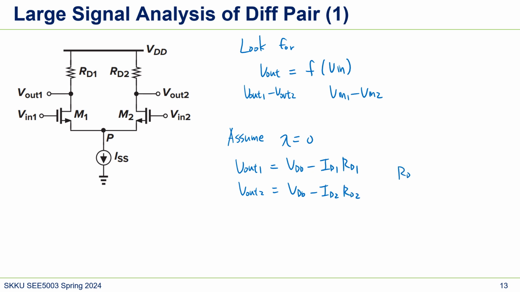And then let's say RD1 and RD2 are the same. So we see there's ID1 and ID2, right? So it turns out we need ID1 minus ID2 as a function of V in 1 minus V in 2. So this is what we're going to proceed with for our large signal equation.